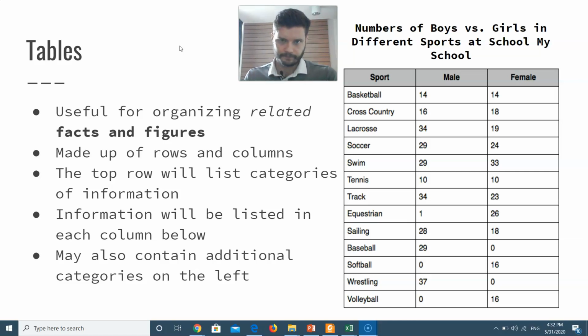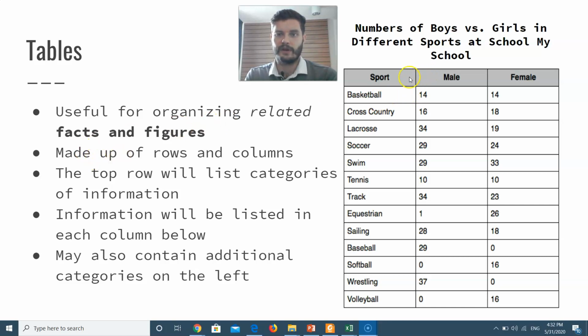I won't spend too much time on this because we're already fairly familiar with tables. These are useful for organizing related facts or figures or related data. In the case of our example over here, the related data has to do with the numbers of males versus females in different sports at one particular school.